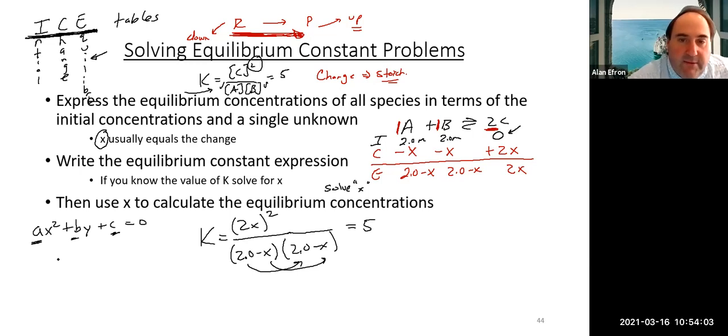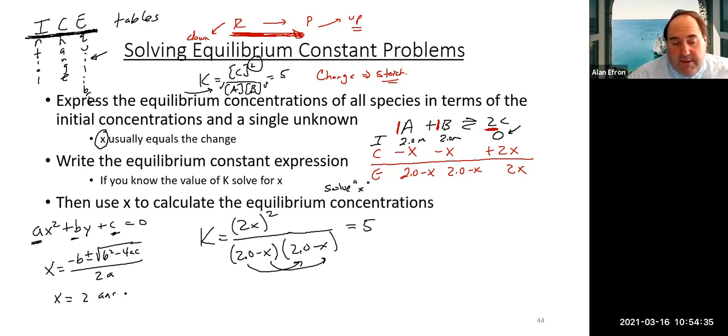In this case, we would want to use our quadratic formula, which is minus b plus or minus the square root of b squared minus 4ac, divided by 2a. Because it's plus or minus, you might be familiar with this, you get two answers, and one will not make sense.